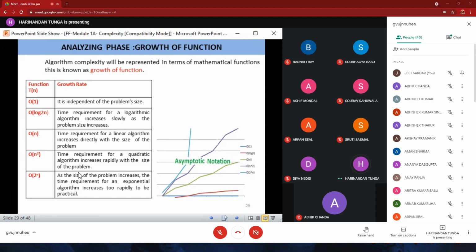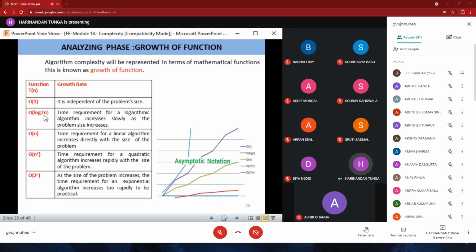If the algorithm expresses the time complexity as order of log n base 2, the time requirement for a logarithmic algorithm increases slowly as the problem size increases. As the problem size n increases, the time requirement increases slowly.